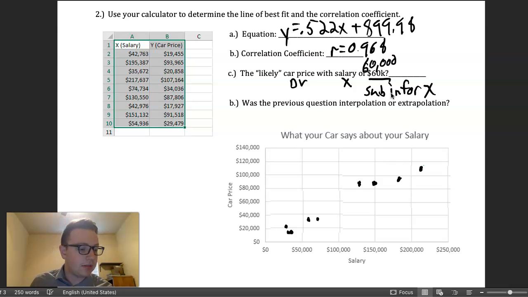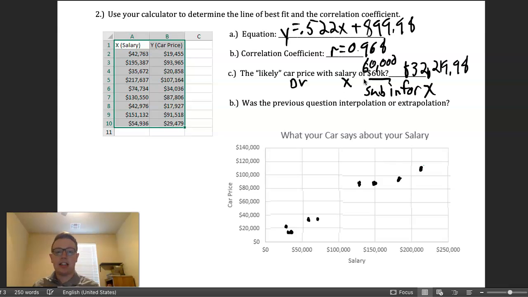So 522 times 60,000 plus 899.98 tells us that we expect somebody with a salary of 60K to have a car worth $32,219.98. So this is what we estimate our car will be worth for someone with a salary of 60K.